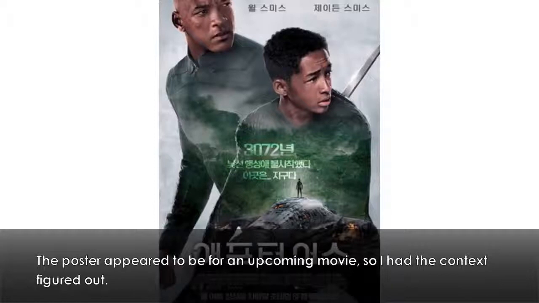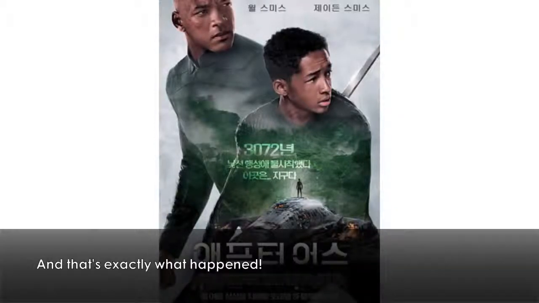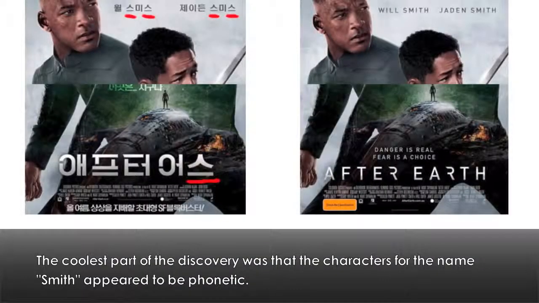The poster appeared to be for an upcoming movie, so I had the context figured out. I also guessed that since the actors share the same last name, I should find identical translations of the name Smith near each other on the poster. And that's exactly what happened. The coolest part of the discovery was that the characters for the name Smith appeared to be phonetic.